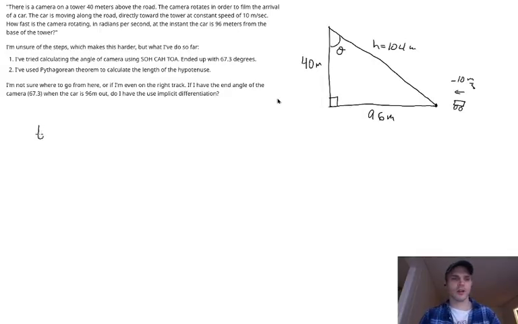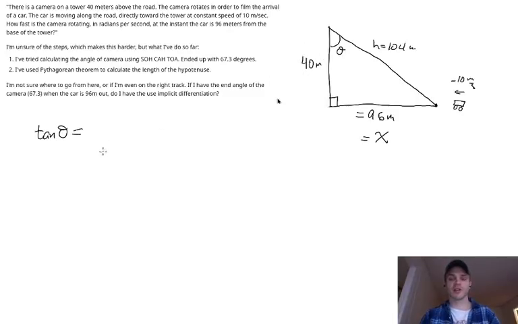The tangent of theta is equal to, let's call the distance x here. At a particular instant, it's going to equal 96 meters, but this distance from the base of the tower to the car is going to be x. It's going to change over time, and we're actually interested in the rate of change. That's going to give us this value here. So we're going to say that the tangent of theta is x over 40.